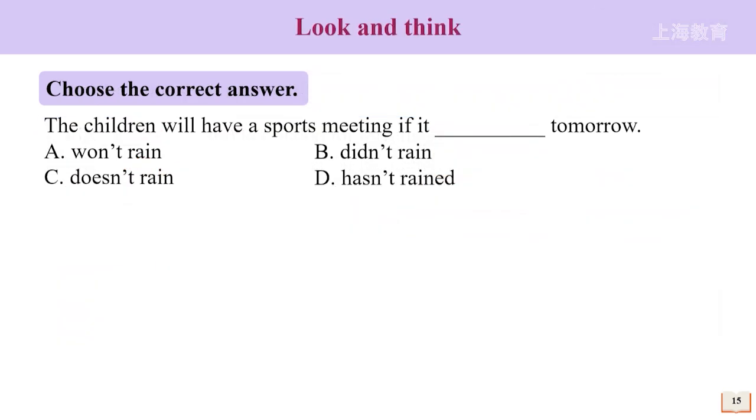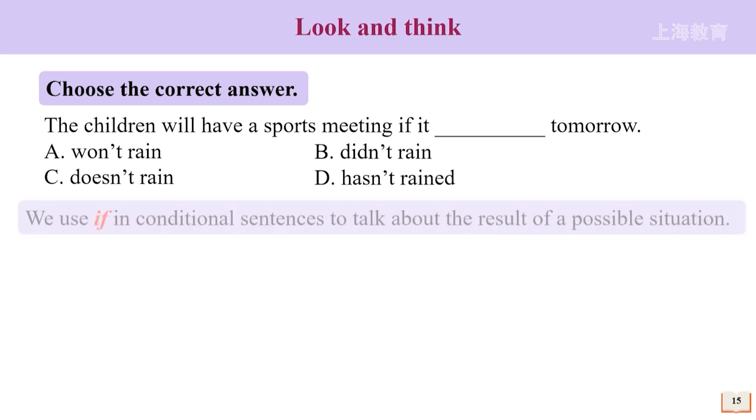I've got another test question about tense. Can you choose the correct answer? 虽然这是一道考察时态的语法题，但里面也包含了状语从句的知识。We use if in conditional sentences to talk about the result of a possible situation.